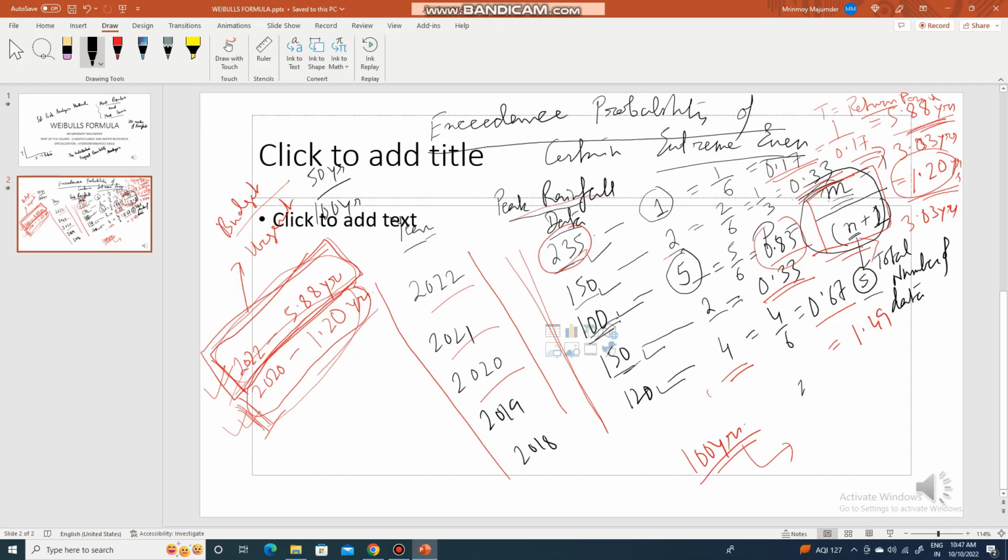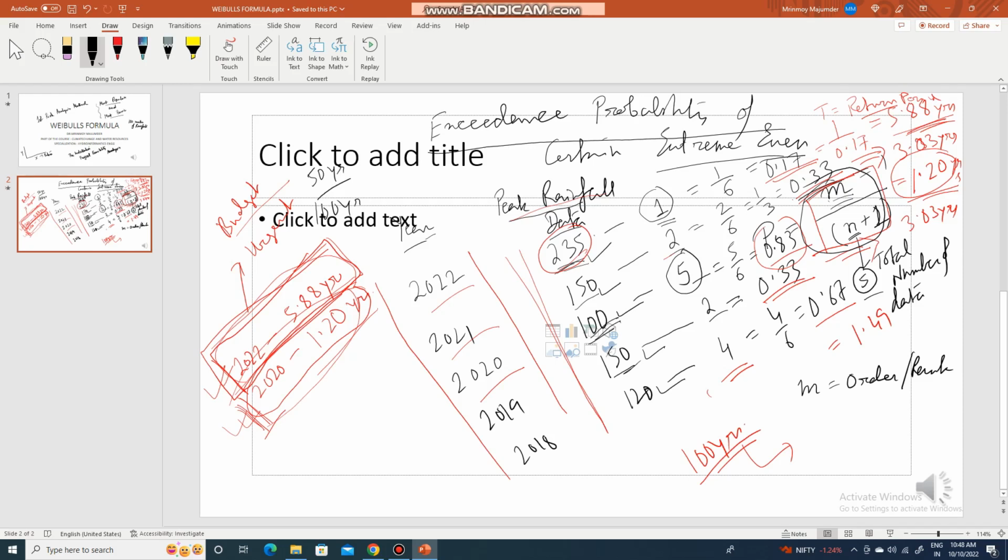Here M is the order or rank assigned to the event. In case of this event, 235 rainfall, the peak rainfall of 2022, this is the highest rainfall as per magnitude among all the 5 rainfalls given to you. So we have assigned the first rank to that event.